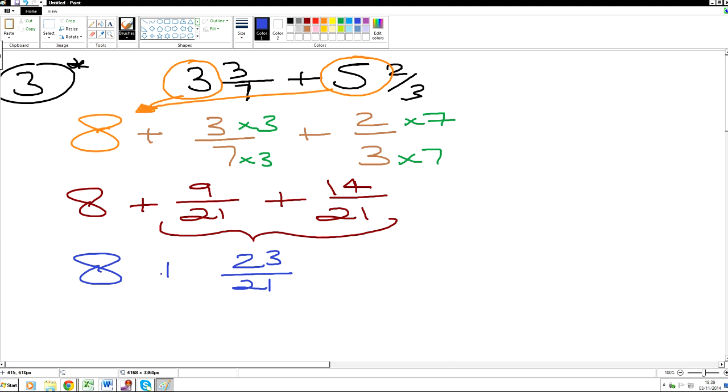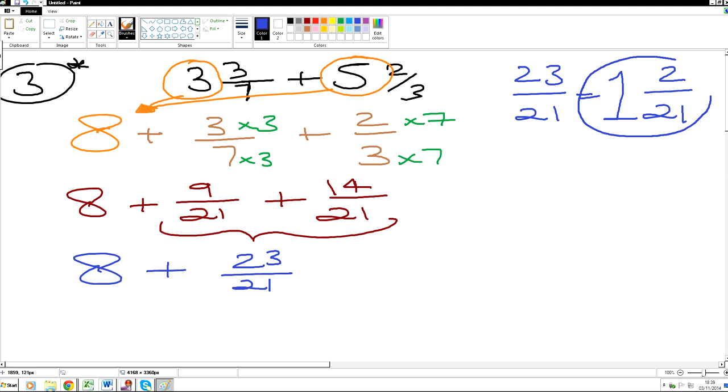We've still got the 8 left over to add. Now what is 23 over 21? Let me just take it to the side for the moment. 23 over 21 is called a top heavy fraction. 23 divided by 21 is 1 whole. How many do we have left over? 2 over 21. So this 23 over 21 can be replaced by that, because that's what it is.